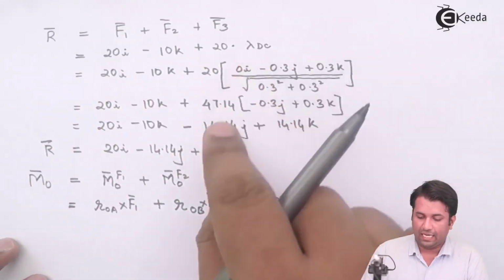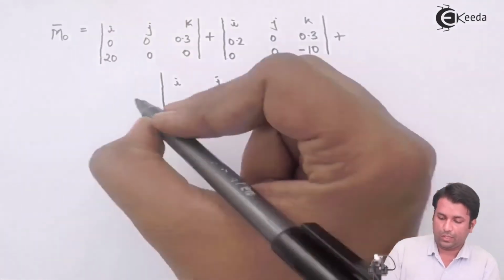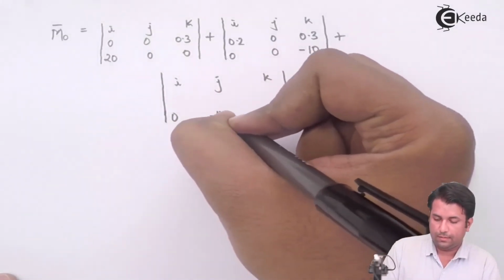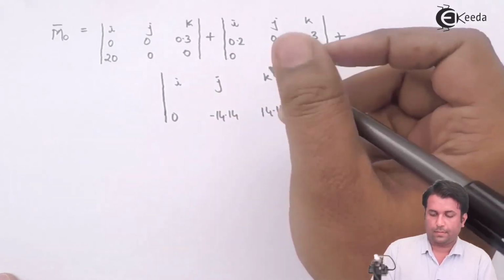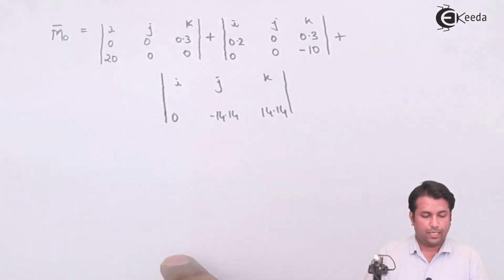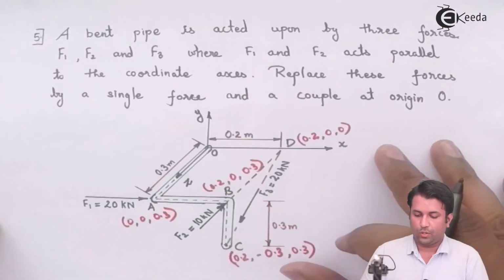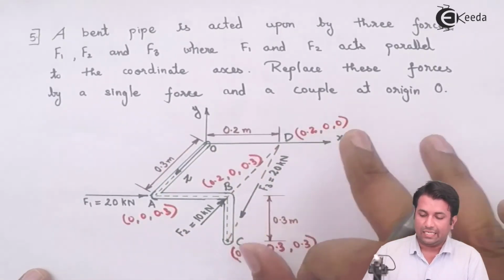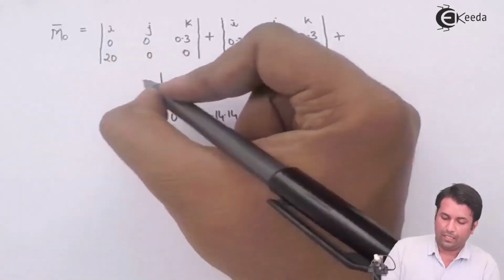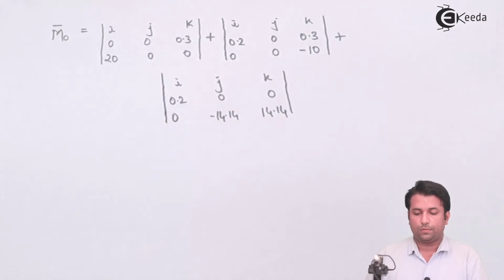I don't have the i component, and the j and k components are the same, so I'll write them over here. Now the position vector along OD will be 0.2, 0, 0.